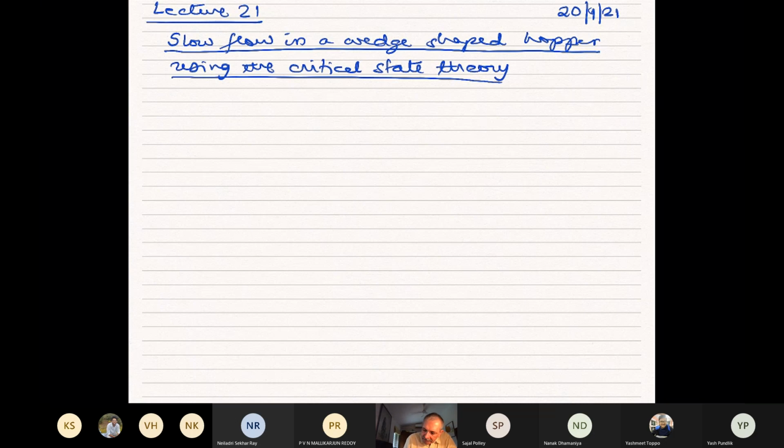And the assumptions are going to be exactly the same as what we had used last time, with only one relaxation. So we have frictionless walls.